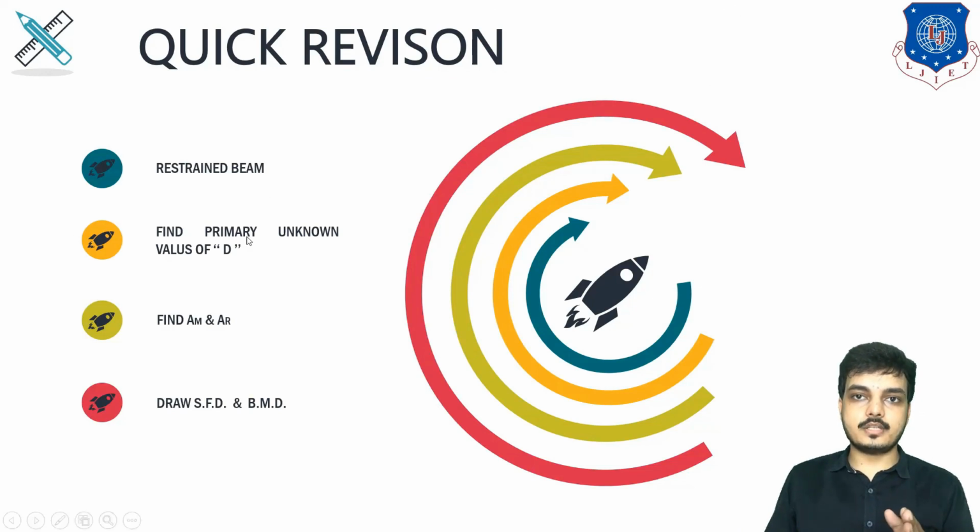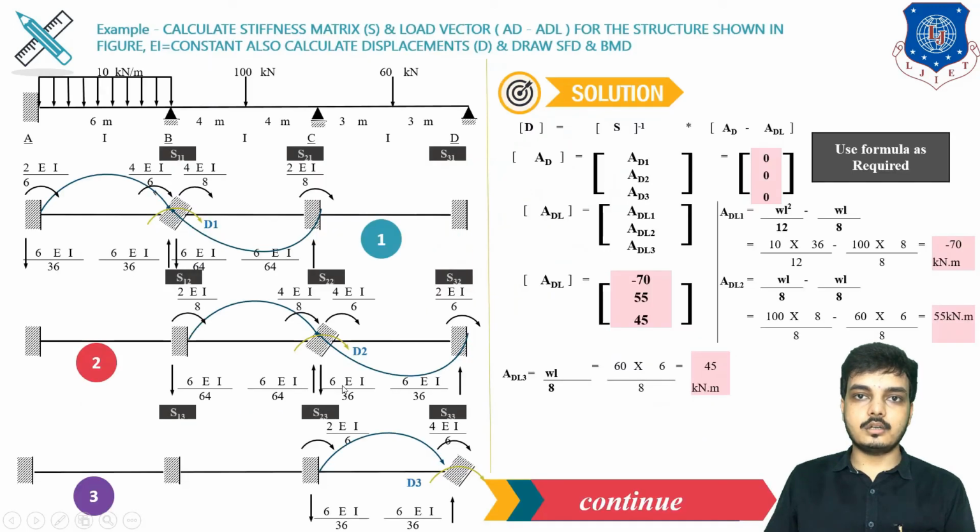So let's revise. The first step is to restrain the beam and apply primary unknowns. Then find out those primary unknowns. Then find out AM and AR, and then find out the shear force and bending moment diagram. So look, first we have restrained our beams and applied our unknown moments.